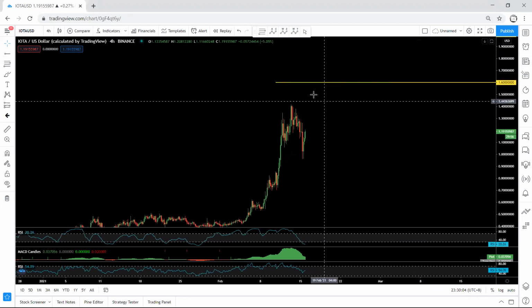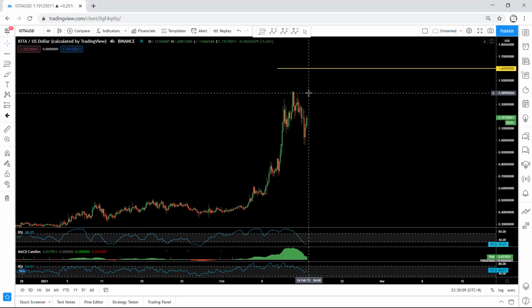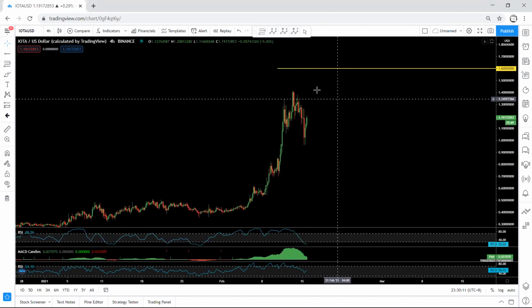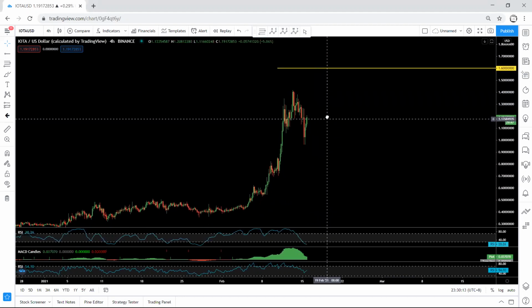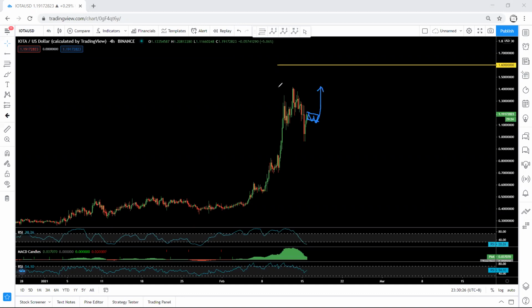Okay, we have been targeting this 1.6, but first we need this correction, and we confirm when this correction is over. By the way, even based on the 4 hour chart, how about if we get the correction? Right now we're talking about the 4 hour chart. If we get the 4 hour chart correction, it can give us a better confirmation for the next move.